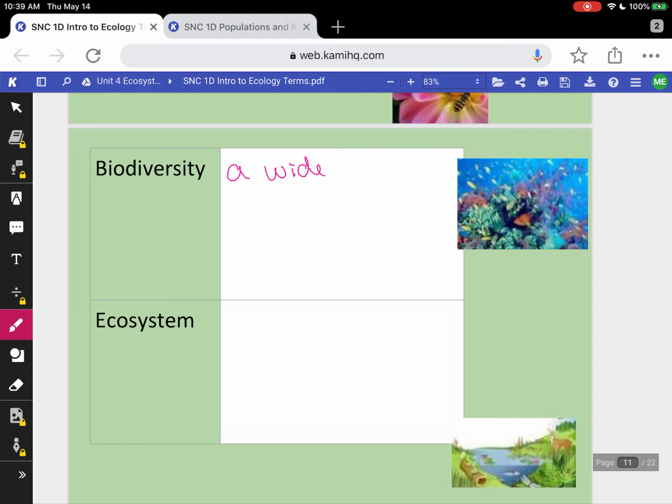All right. Now, biodiversity is having a wide variety of living things. Best example of a place that has a huge amount of biodiversity is like a coral reef.